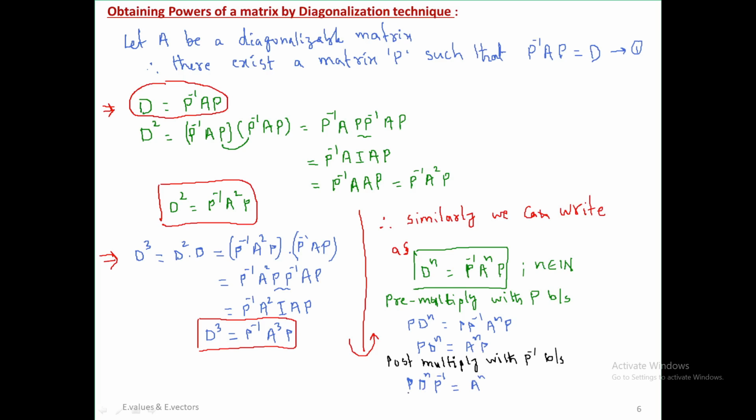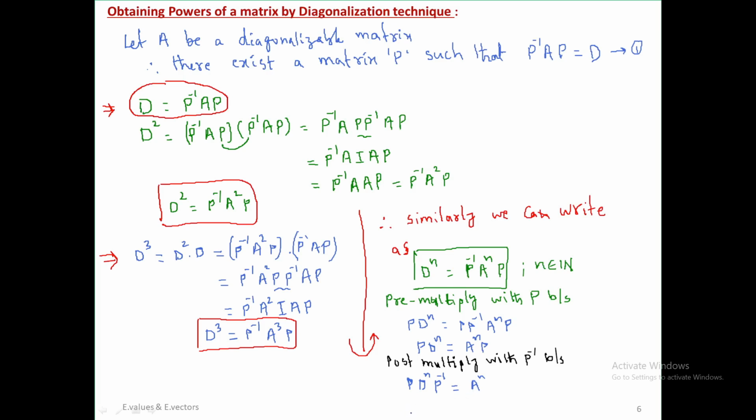P is with you and P inverse is with you. Simply multiply these three matrices and you will get A power n. If n is equal to 100, it is simply P into D power 100 into P inverse. How to get D power 100? Simply lambda 1 power 100, lambda 2 power 100, lambda 3 power 100, and so on up to lambda n power 100, which are on the diagonal, with pre-multiplication by P and post multiplication by P inverse. That's it. You will get A power n.